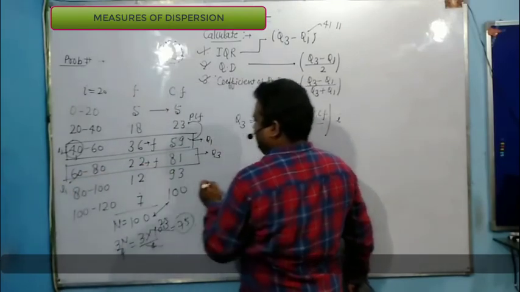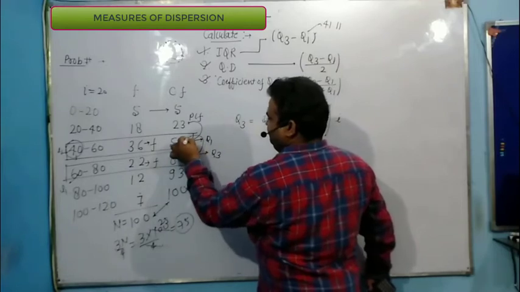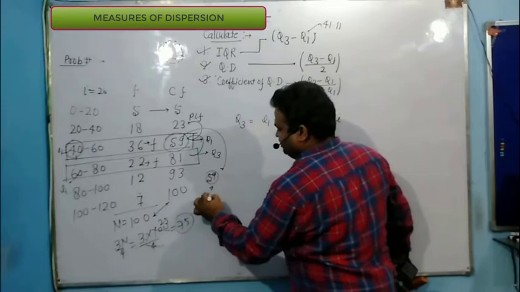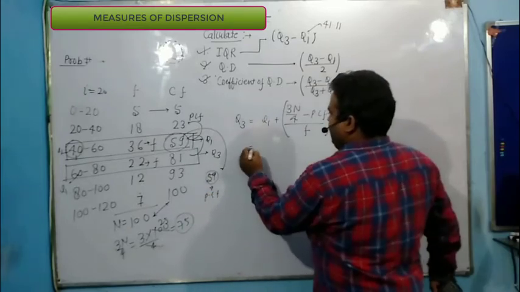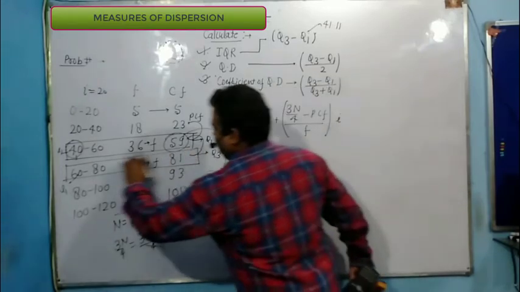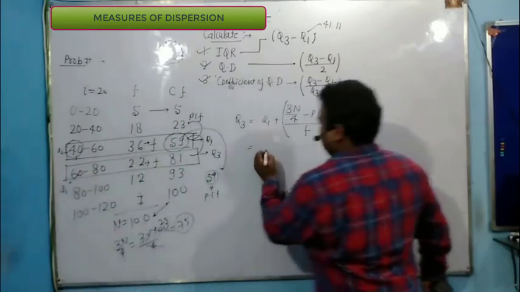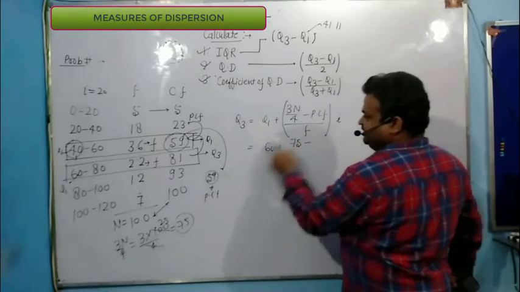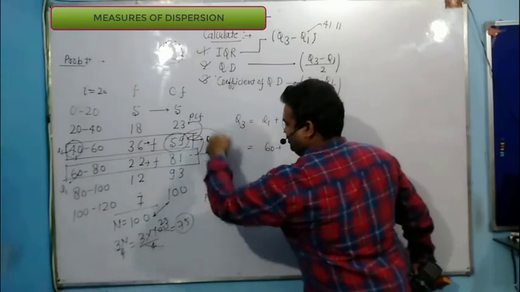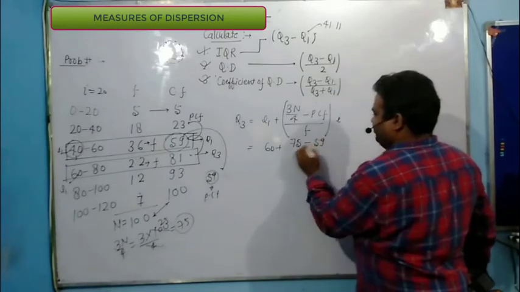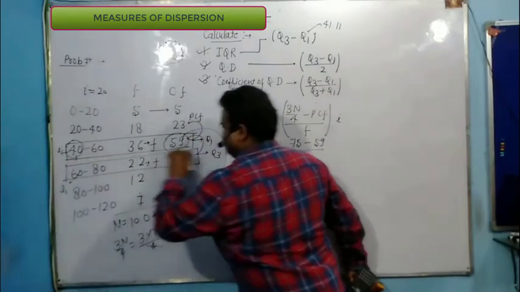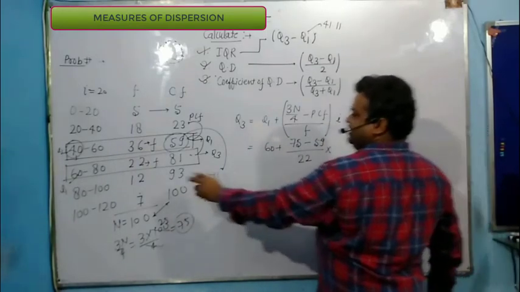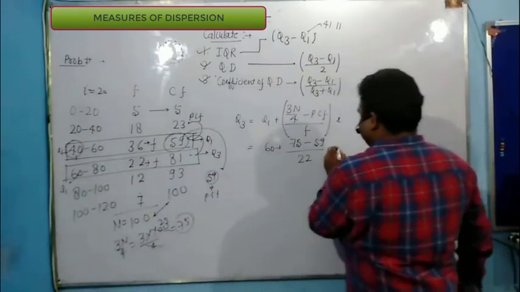This is my frequency value, 22, and just before this, 59 is the previous cumulative frequency. 3n by 4 is 75, minus 59, divided by 22, multiplied by I, the difference between higher and lower limit, which is 20.